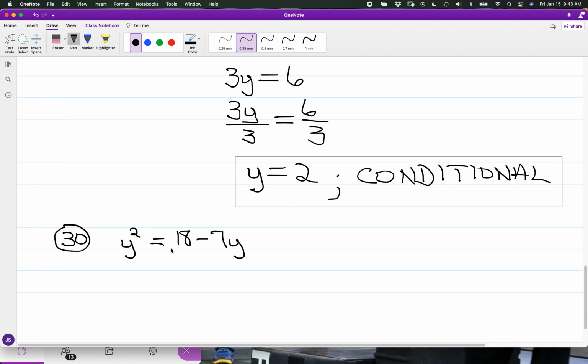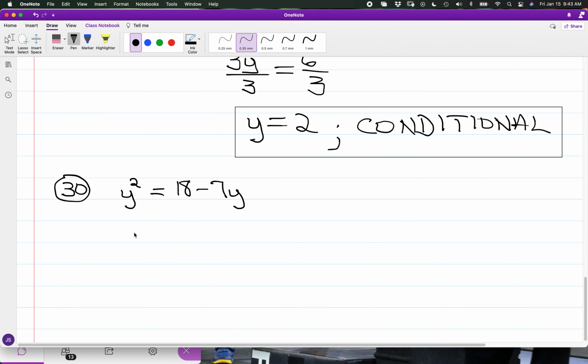And if we arrange the terms such that we have the quadratic equation in standard form, in other words, set this equation to 0 and with the y terms and the non-negligible constant arranged in descending degree order.